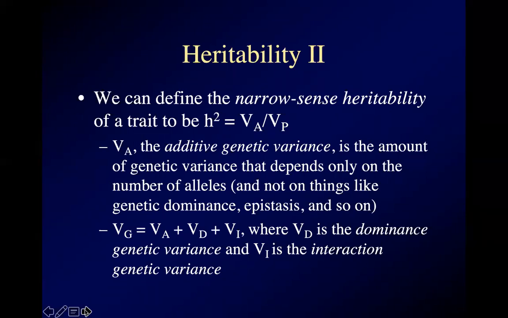So if you have no copies of the spotted gene, you don't have white spots. If you have one copy, you have a few white spots. If you have two copies, you have so many white spots that you're mostly white. That's an example of additive genetic variance because it depends on the number of alleles that you've got.